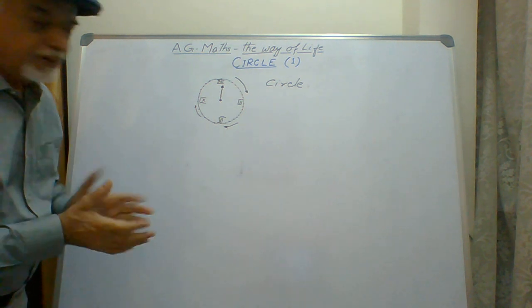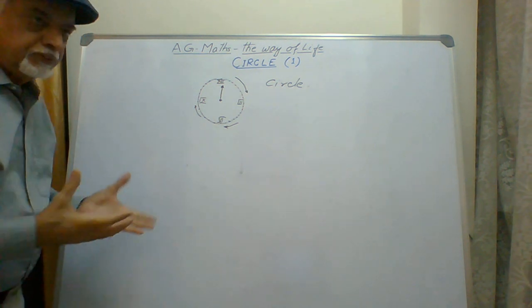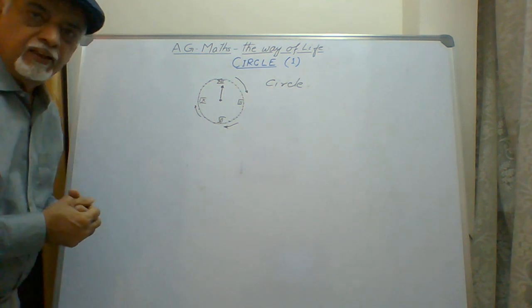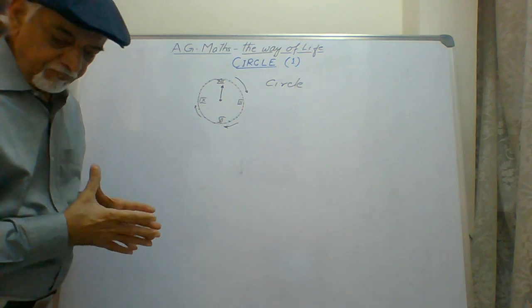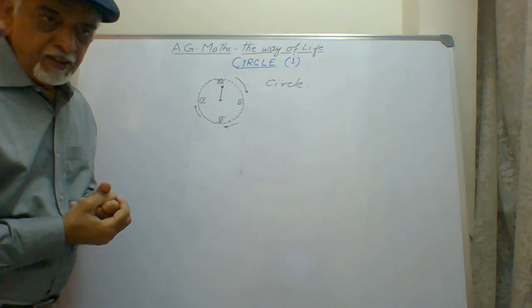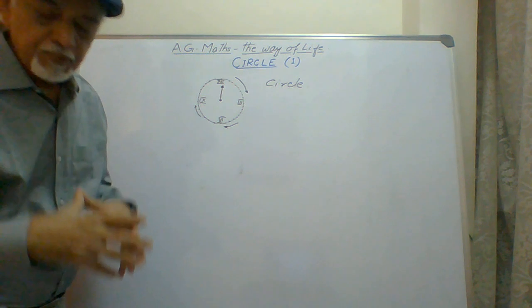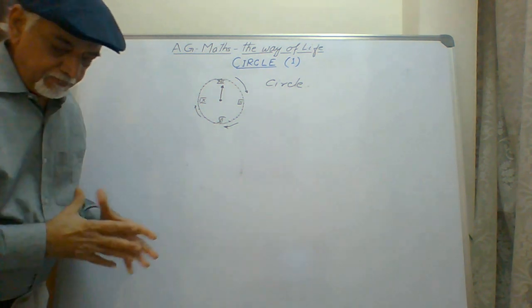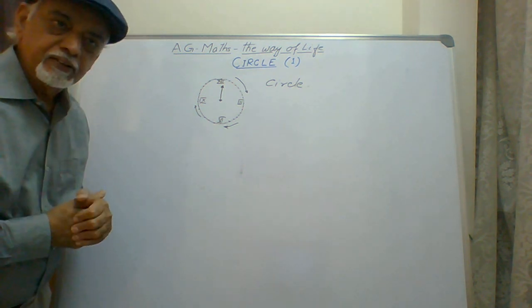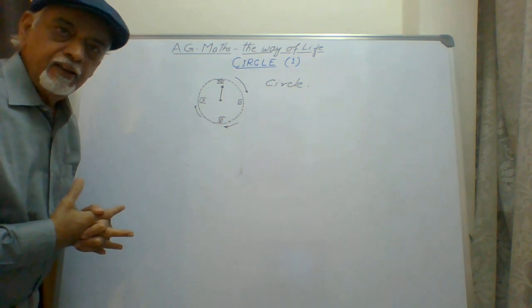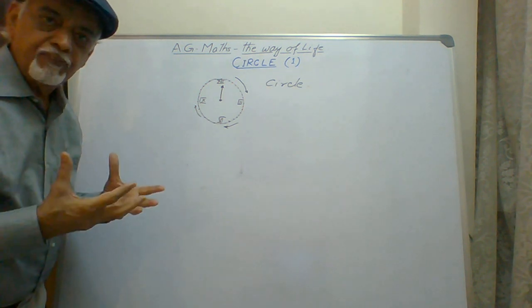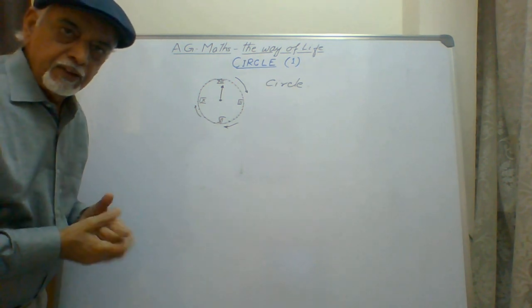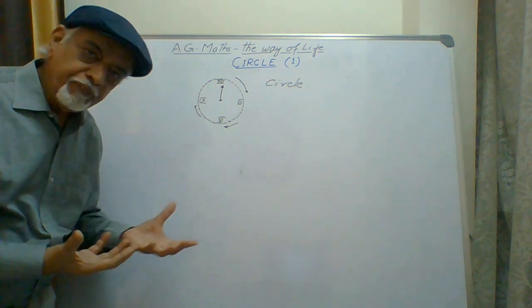You must be wondering that we also know a wheel. What is a wheel? Wheel is also round. And it is a known fact that the wheel's invention is the greatest invention for mankind, which has revolutionized our lifestyle. Imagine a world where you don't have a wheel.